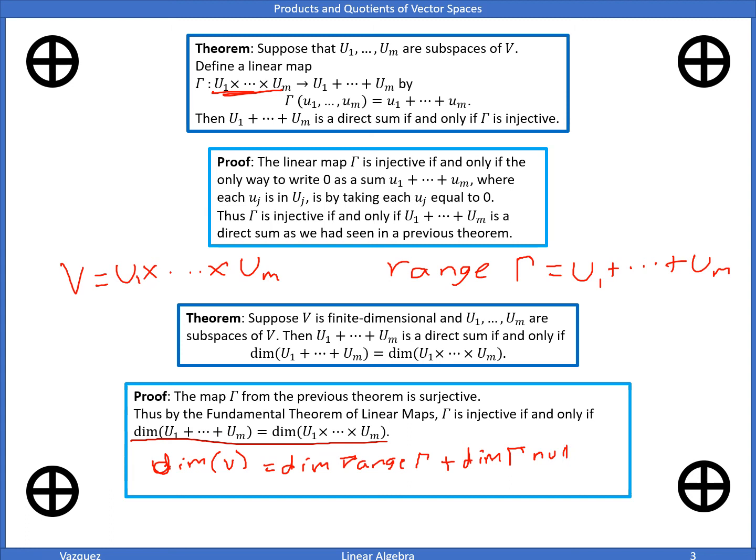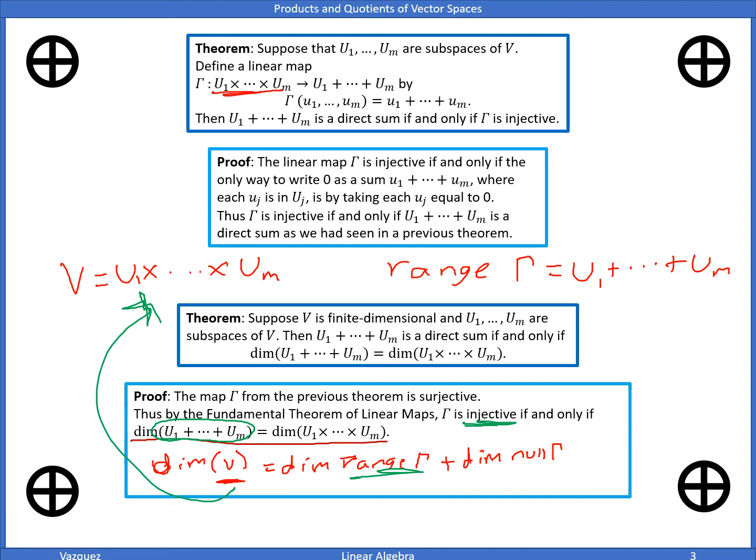Dimension of the null of the mapping, right? So V, we know, is up here. It's our product. The range is this here, as you can see from the theorem above.